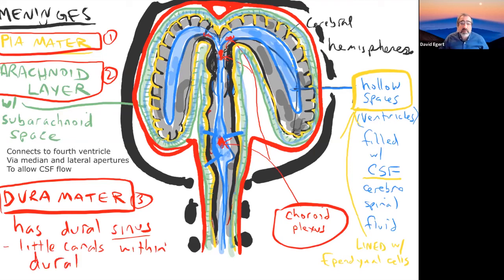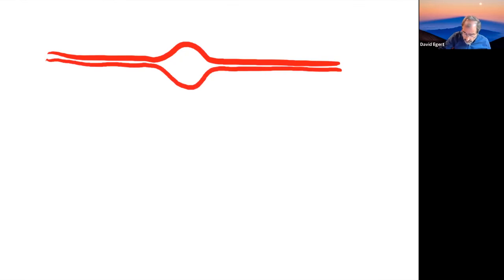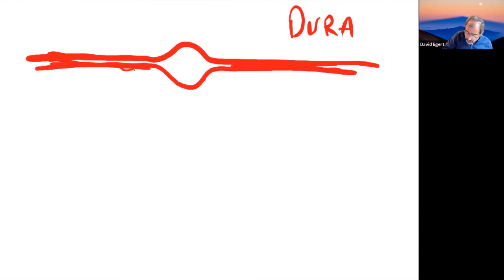The way they come about actually is in the skull, there are two layers. There's a periosteal and a meningeal layer of the Dura Mater. So we have one layer, we have the other layer. This is my dura. Most of the time, you don't even know it's two layers because they are fused and it's like one layer.